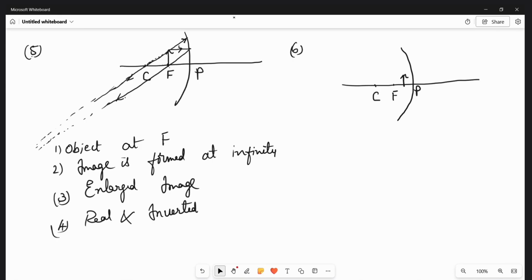Any ray parallel to the principal axis passes through the focus. Here, yeah, it passes through the focus. Another one you can take is when it is passing through the pole.